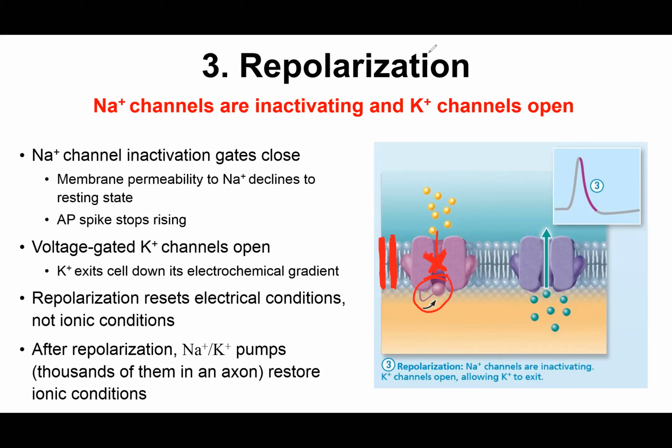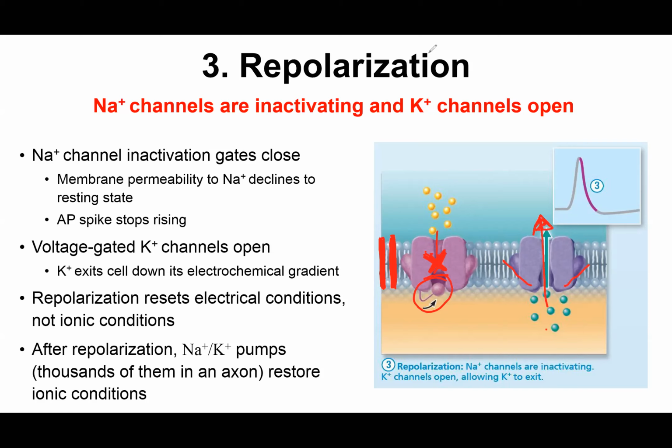However, what happens kind of simultaneously is as the inactivation gate of the sodium channel is swinging into place, the potassium channel's gates open. And now potassium can leave the cell.